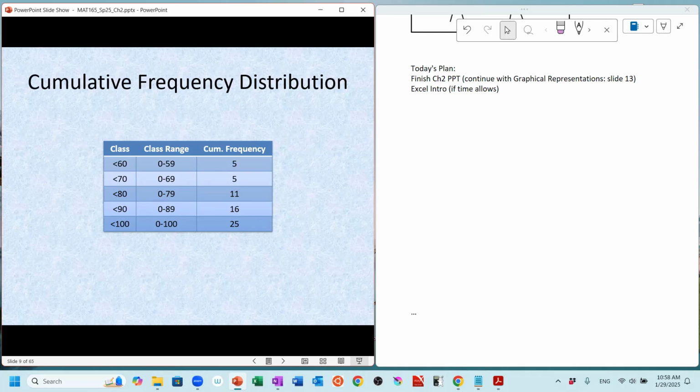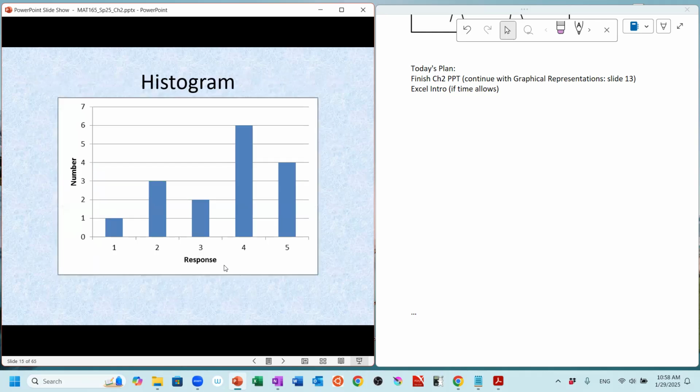Well, there were 6 folks who got a C, so they get added to the 5 Fs and the 0 Ds. This bigger bin now has 11 folks in it, and then 16 and 25. Well, an ogive, or just the cumulative frequency graph, is really just the graph of the cumulative frequency distribution.